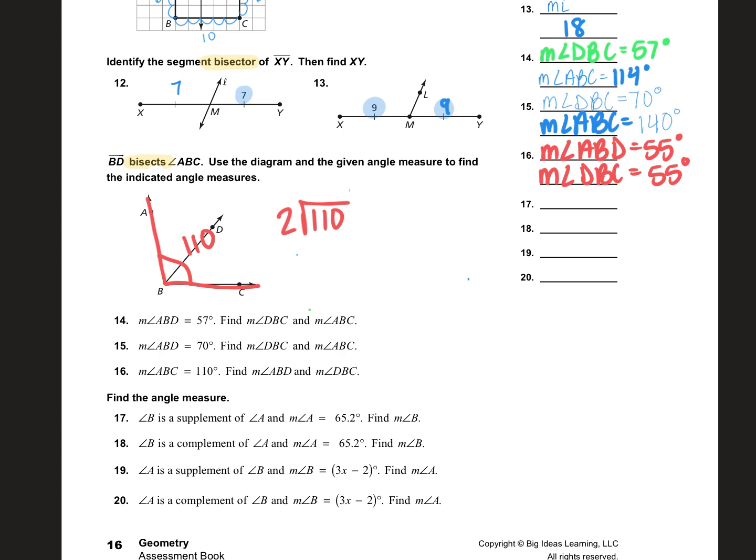Angle B is supplement of angle A, and if angle A is 65.2, find the measure of angle B. How would I solve this? What do I have to do? If they're telling me keyword is supplementary, what would I have to do? Yes. Would you subtract 65.2 from 180? Perfect. Okay, they're telling me one piece. I need to figure out the second piece, and I know all of it equals 180. So you're subtracting 180 minus 65.2.